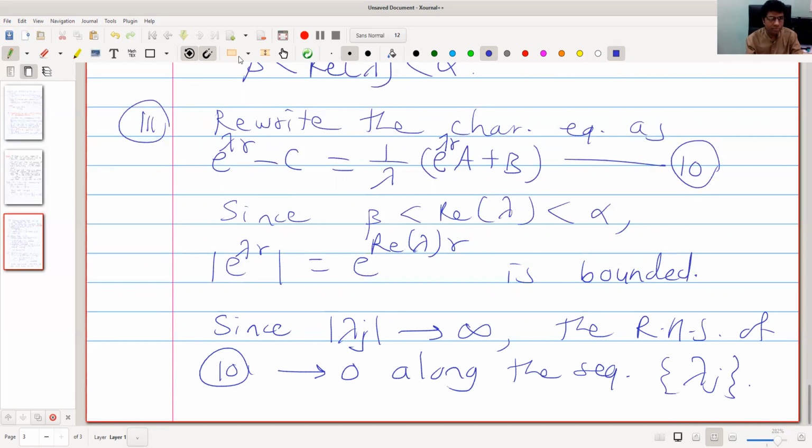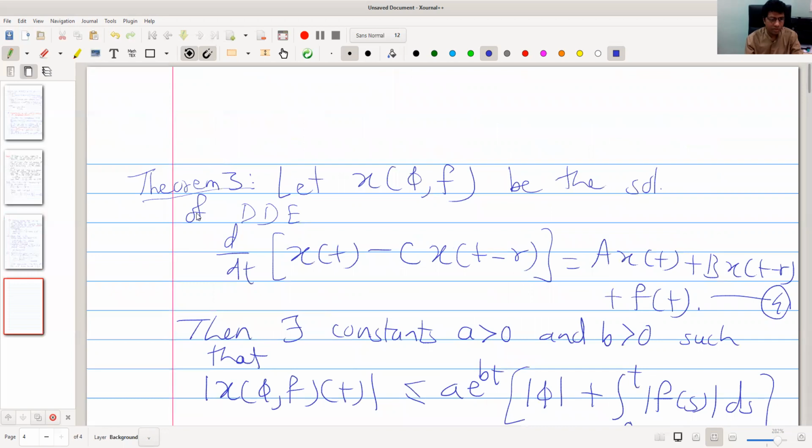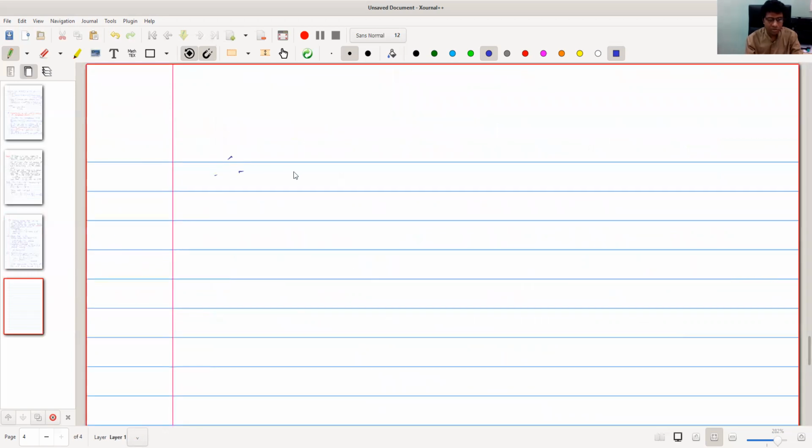Therefore, the left hand side of 10 also tends to 0 along the sequence lambda j.